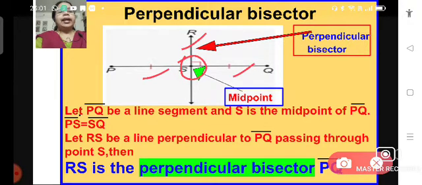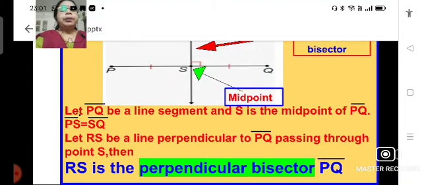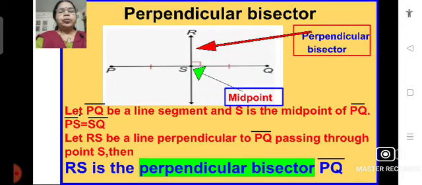So this line RS is dividing the line segment PQ into two equal parts because it is passing through the midpoint. So we can say RS is the perpendicular bisector of PQ because it is perpendicular to PQ, and at the same time it is dividing PQ into two equal parts.